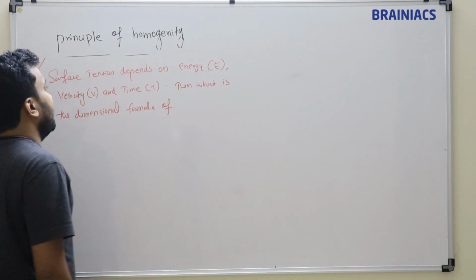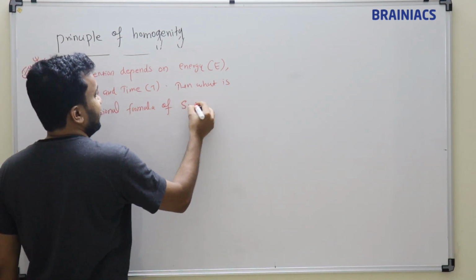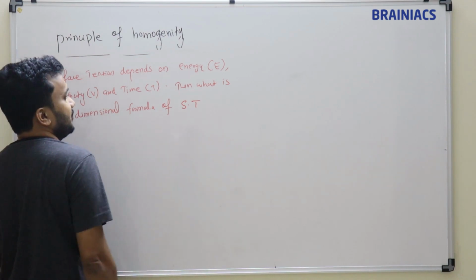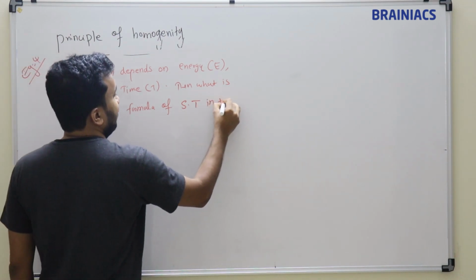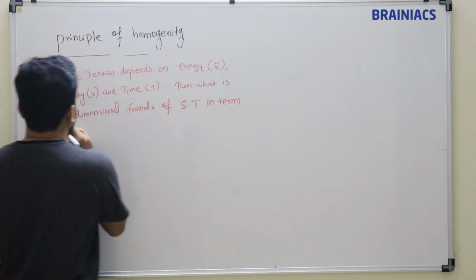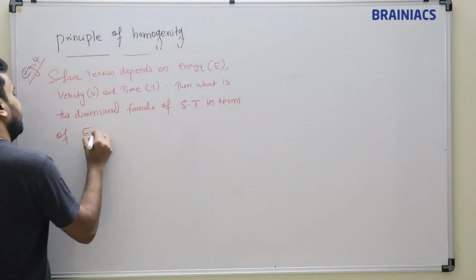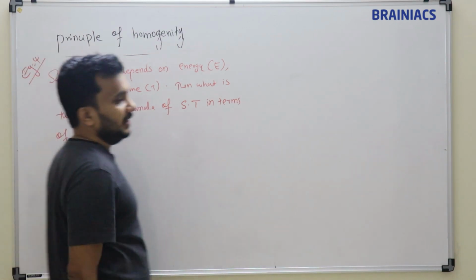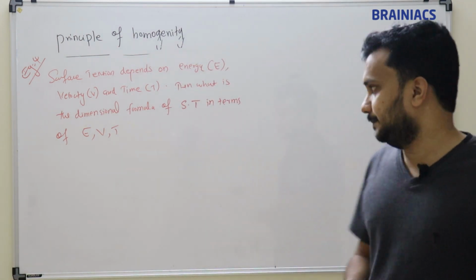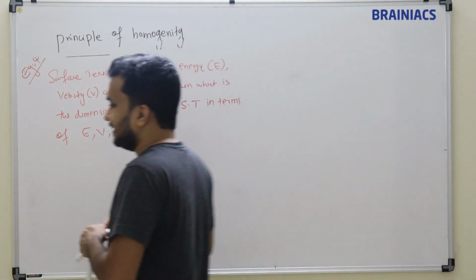What is the dimension formula of surface tension? In short, I have written surface tension in terms of EVT. E is called energy, V is called velocity, T is called time.